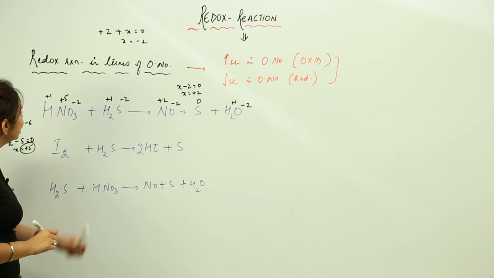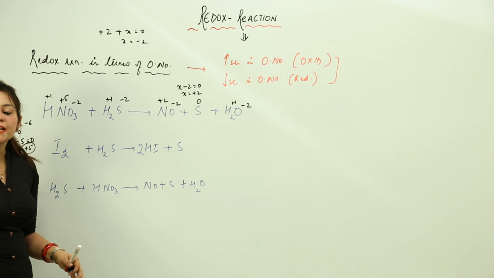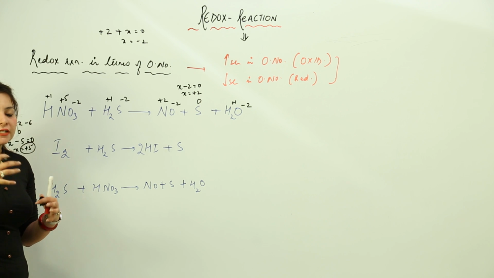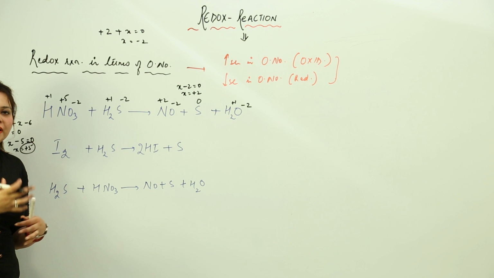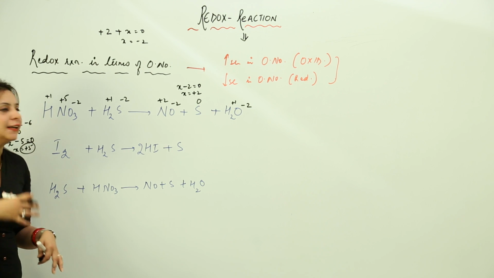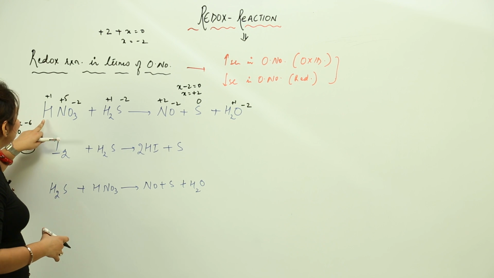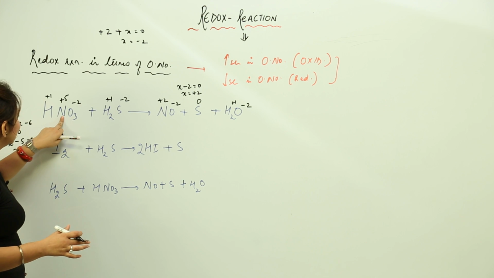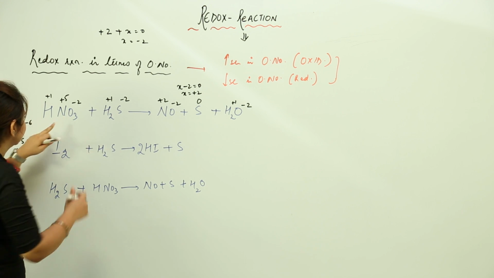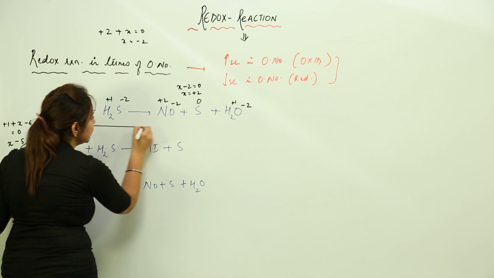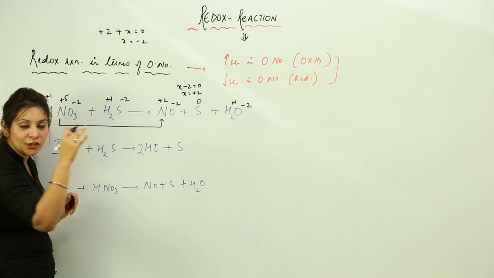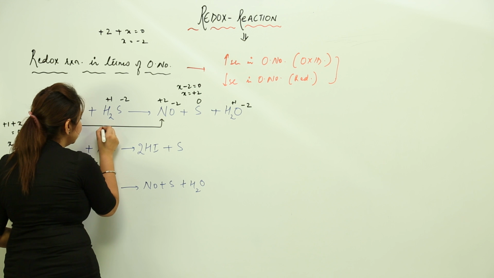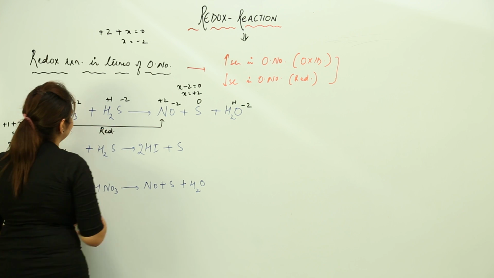Now we will just focus on the oxidation number of which atom is increasing and which atom is decreasing. Plus 1 for hydrogen, no change. Plus 5 for nitrogen and plus 2 here is the change. Plus 5 to plus 2 means the oxidation number is decreasing, so it is called reduction.